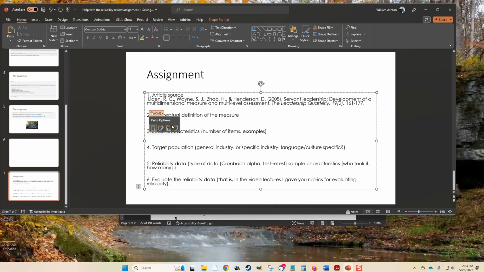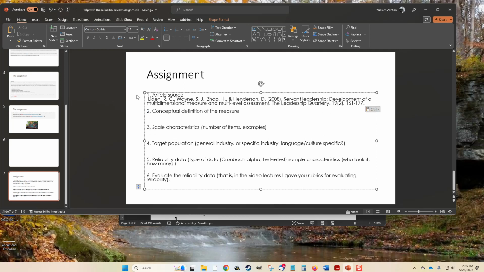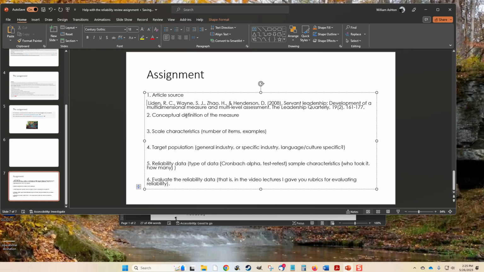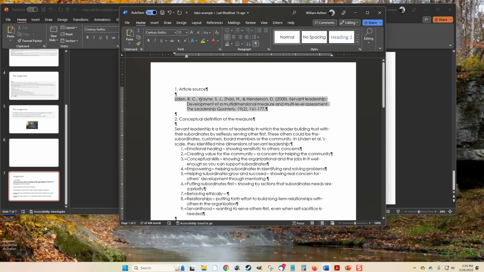That was in APA style, but now it's gotten knocked out of it. So let's go back to Word so you can see it. APA style: the names of the authors, the last names, the initials of their first and second names, the year, the title. Notice that the first letter of the sentence is capitalized, but the other first letters are not.